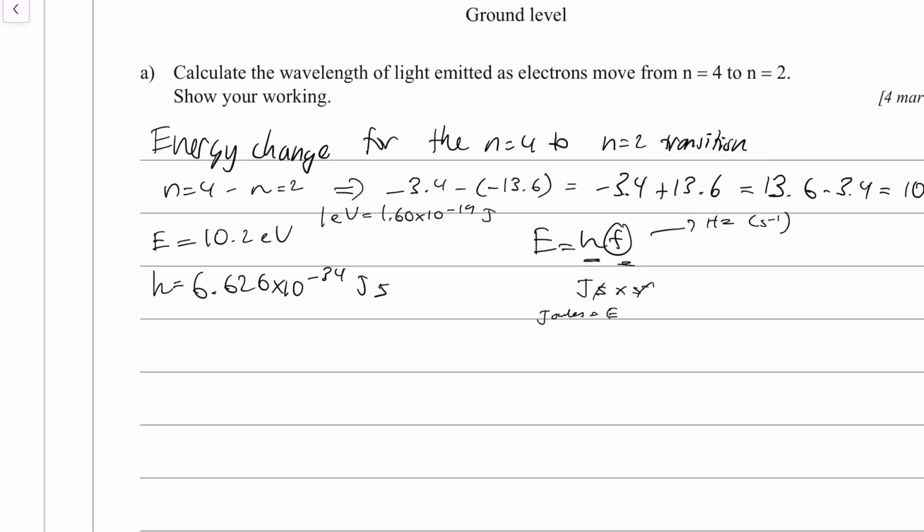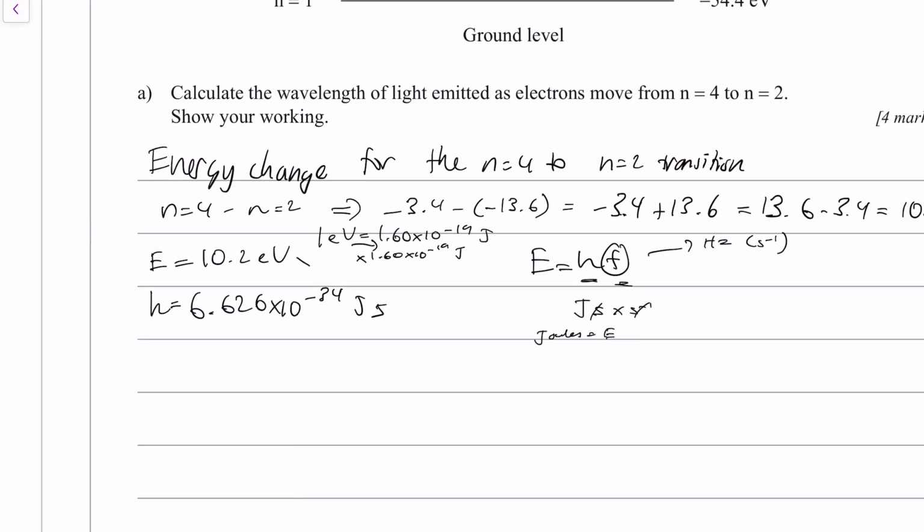That means if we want to convert from eV to joules, we have to multiply by that number, 1.60 times 10 to the negative 19 joules. Because we're going from left to right in the equation, to get the value from 1 to 1.60 times 10 to the negative 19, we're multiplying by that number.